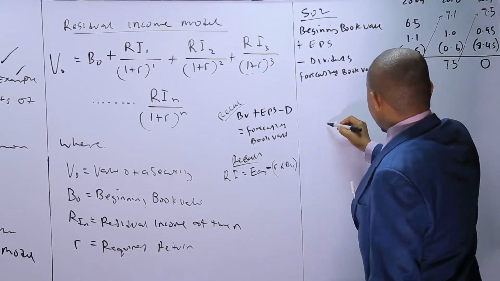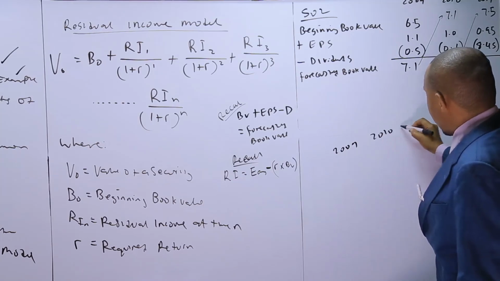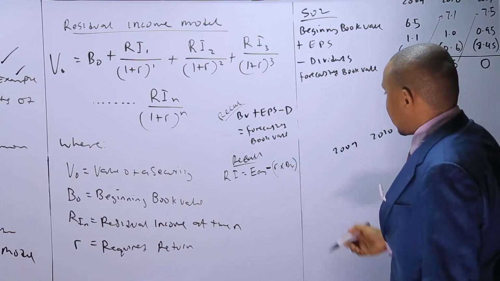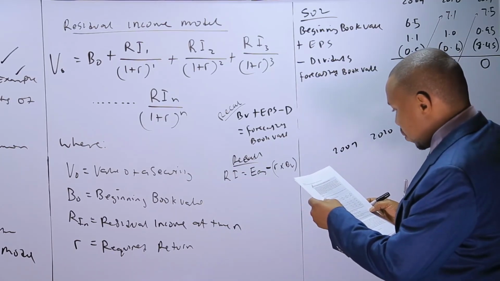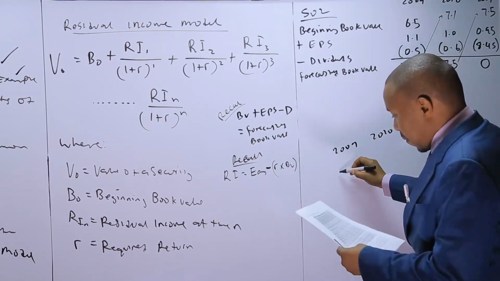So for 2009, 2010, and 2011, we have the cost of equity times the book value of equity. The cost of equity, based on the information given to us, we have the required rate of return as 14%.